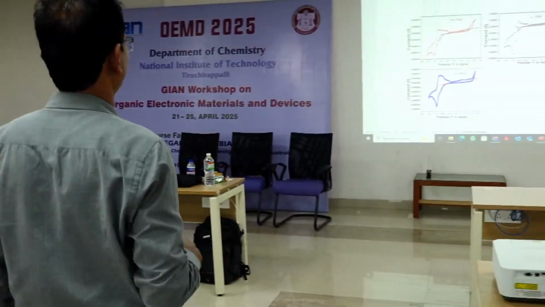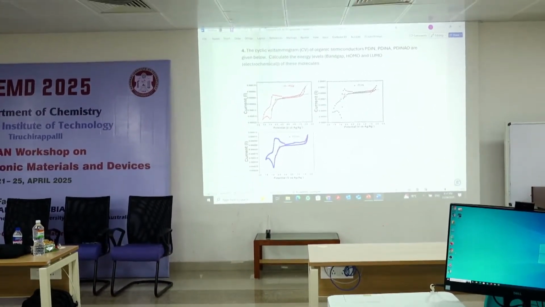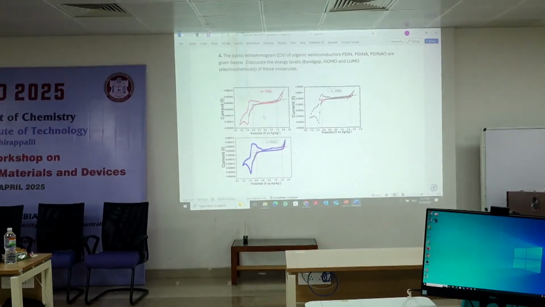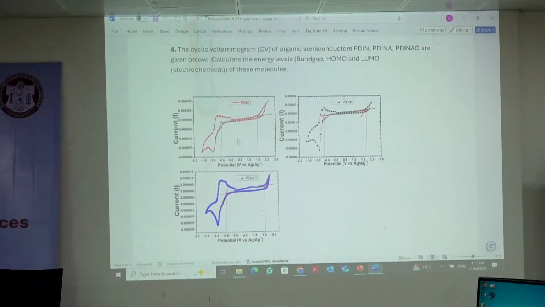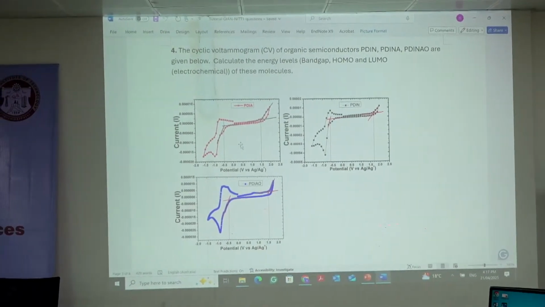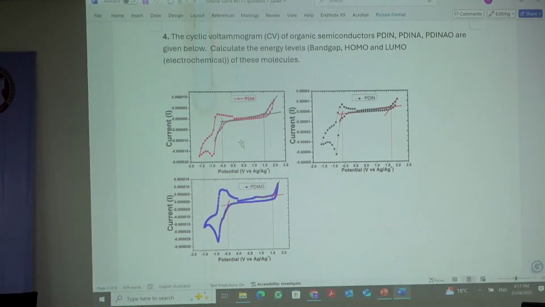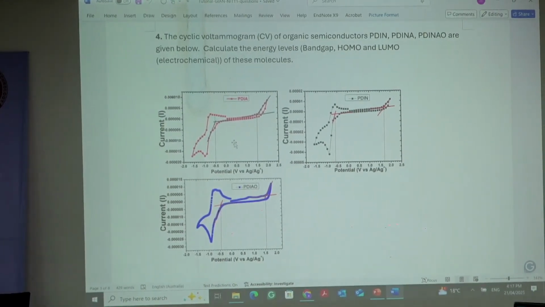I asked three questions. The positive side is oxidation, the negative side is reduction potential, so you have to use the formula with minus 4.8. I give a different graph, so it gives more idea how to calculate this. I think it's visible, right?